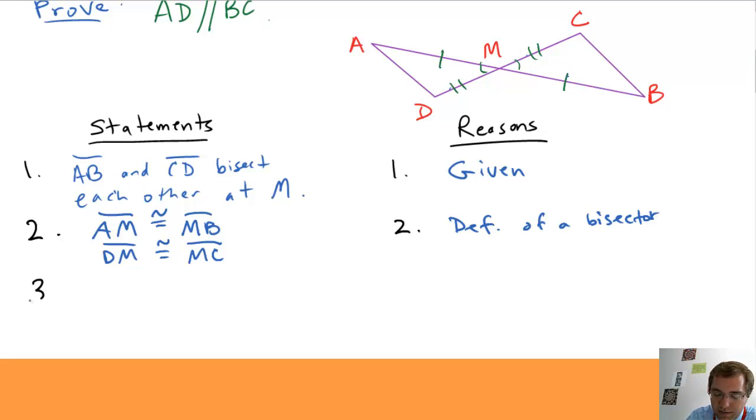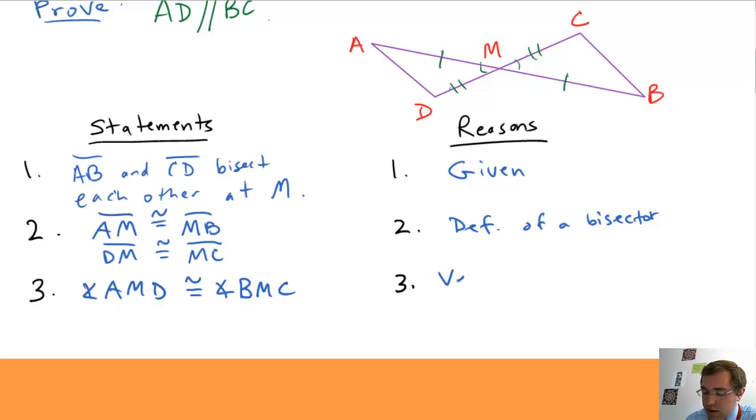So I know angle AMD is congruent to angle BMC, because those are vertical angles, and we know we have a theorem that says vertical angles are congruent.